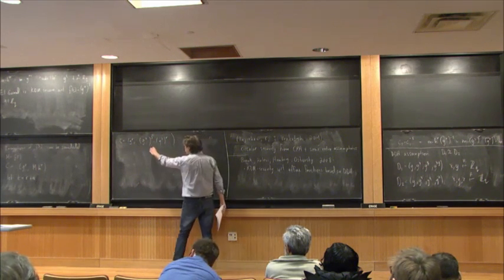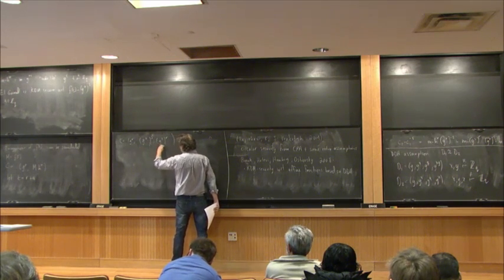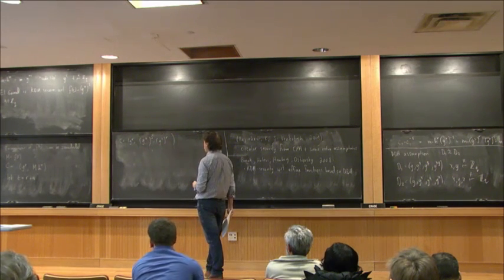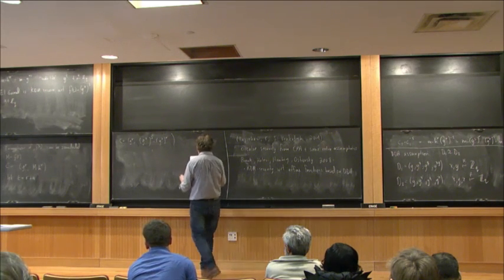Our ciphertext has the message m times the public key raised to the power of r.